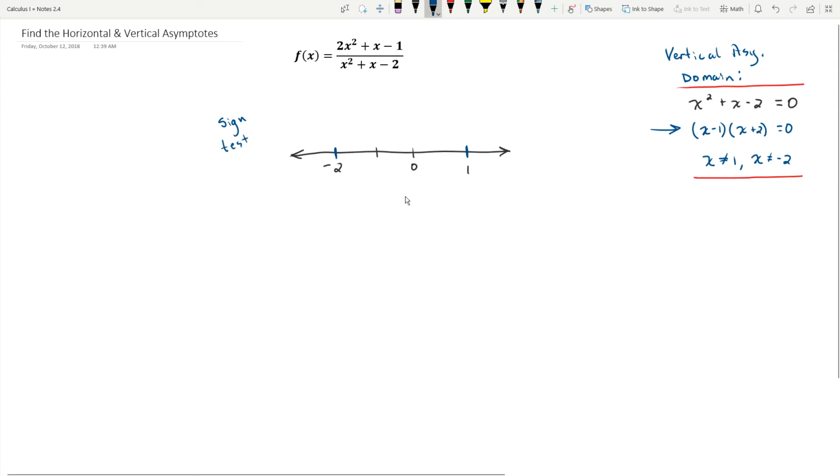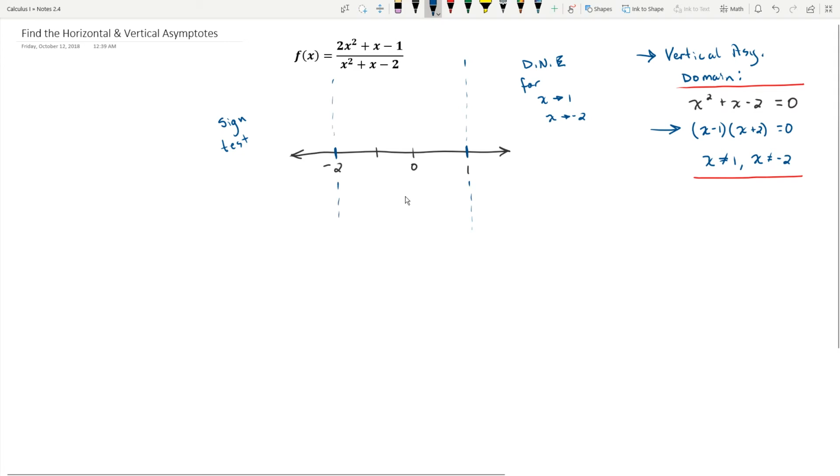What this does is, when we find that the limit does not exist for x approaching 1 and x approaching -2, we want to know what's going on. We know that there's a vertical asymptote, that is for sure.